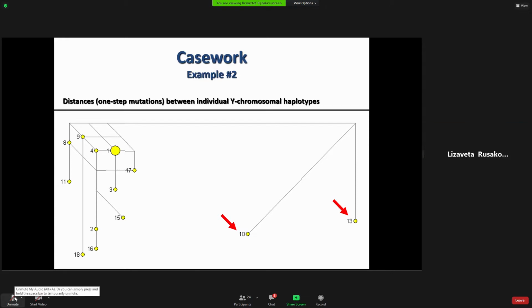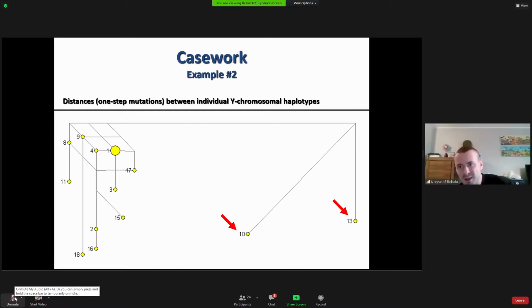Maybe there was an ancestor several thousand years ago. Yes, you are right. Biologically, you are right, because all modern humans come from the same ancestor, paternal ancestor also. So of course, person number 1 and person number 10 had a common ancestor, probably tens of thousands of years ago.